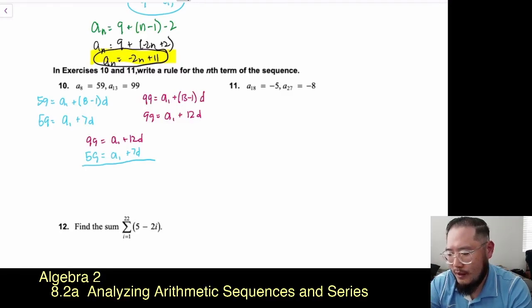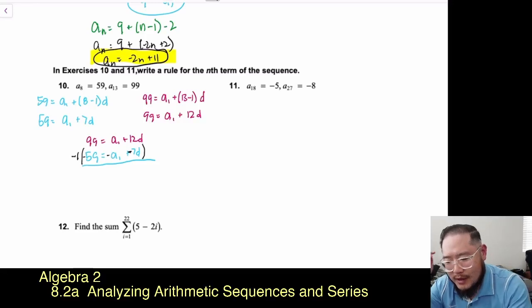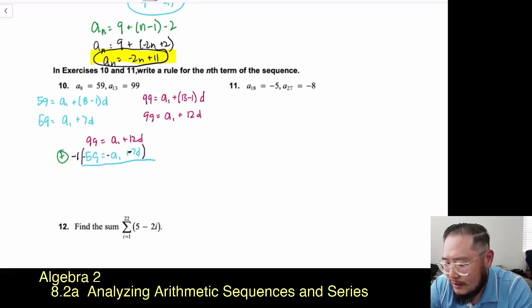But in order for me to add the 2 together, I am going to have to take the bottom equation and multiply by -1, because that'll change my signs right here. Now we'll use the addition method. Let me rewrite this. We got ourselves -59 is equal to -a sub 1 minus 7d.